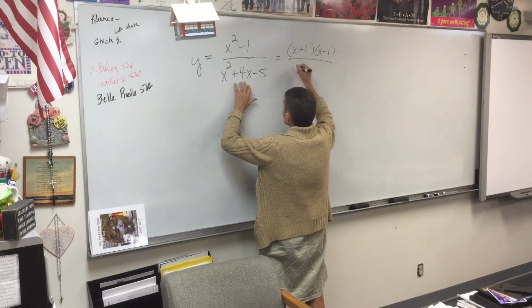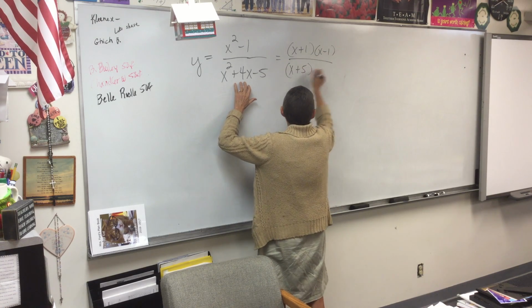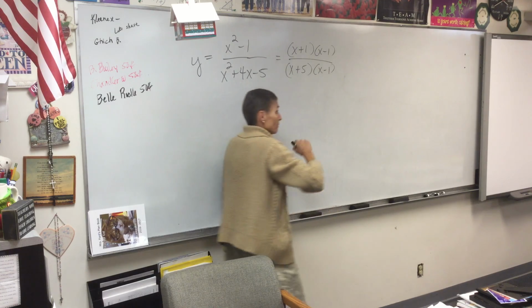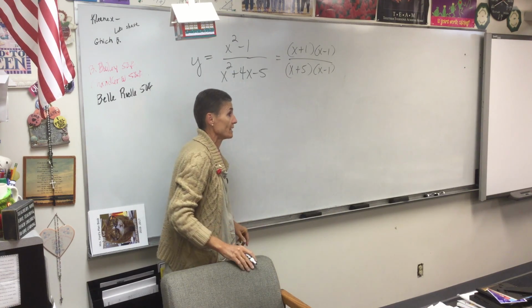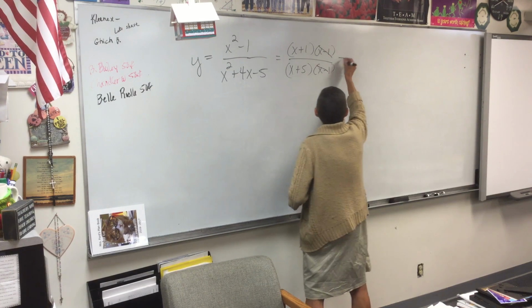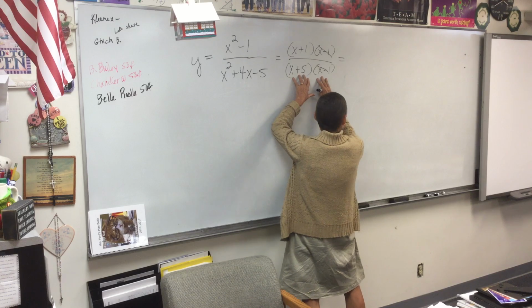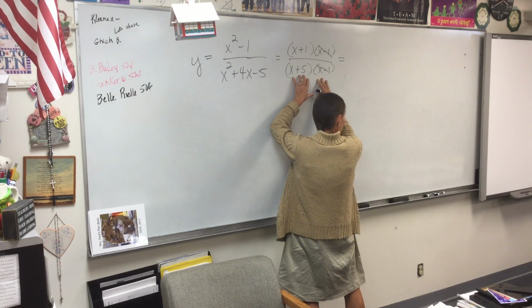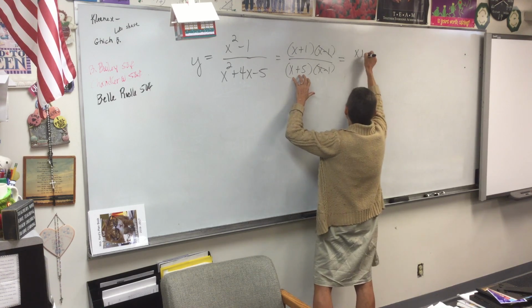I think I already did this, but I'm doing it again. And what made this problem special? Why did I say we're not done with it? Because we can cancel. So instead of having 2 problems in the denominator, 2 issues, I only have 1 now.